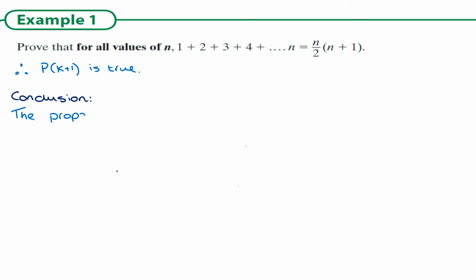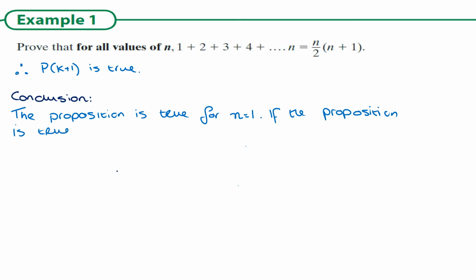So the proposition is true for n equals 1, and if the proposition is true for n equals k, so that's the one we assumed, then it will be true for n equals k plus 1.